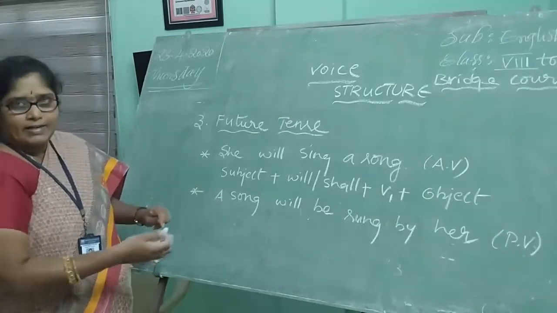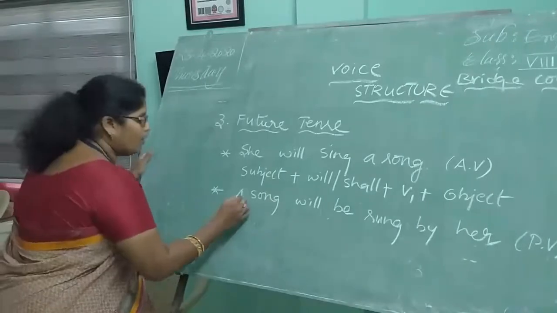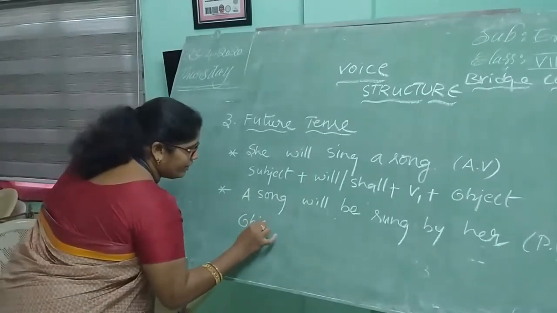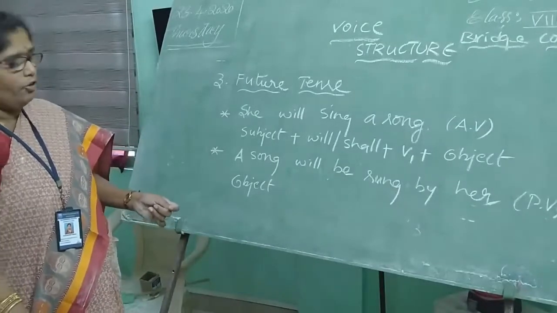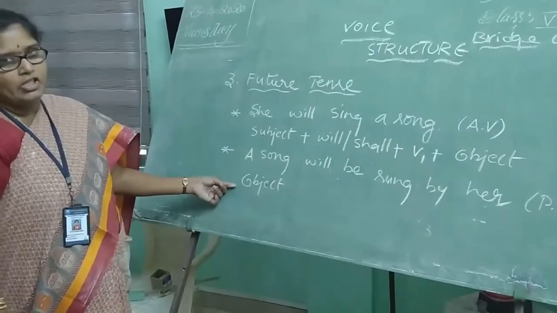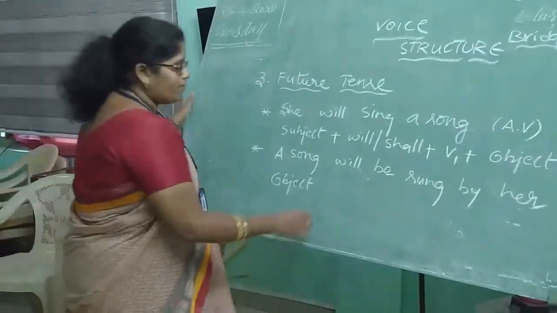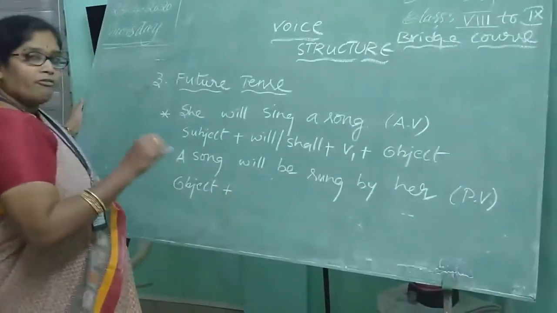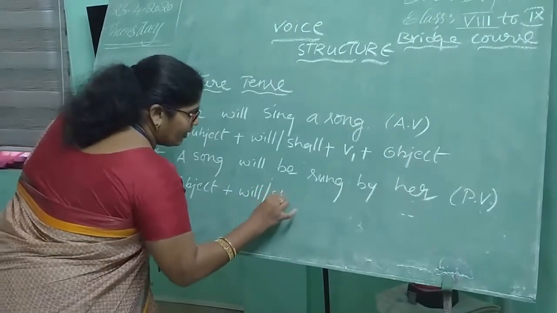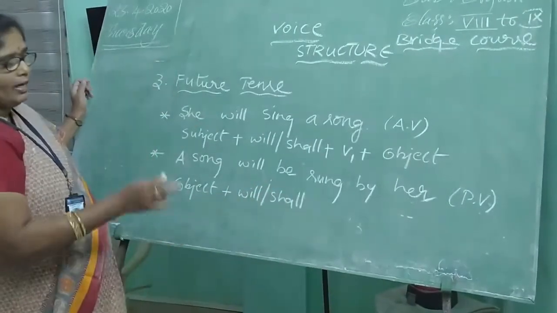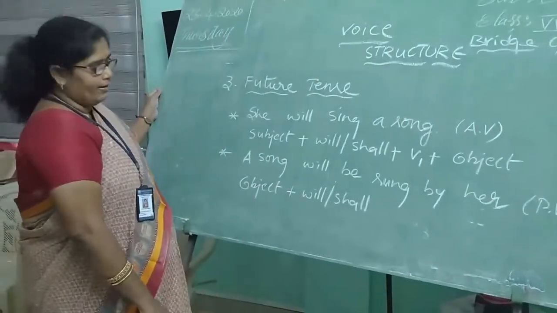Okay, so let us write the structure for this future tense passive voice, children. So a song, it is object. It can be called object or the new subject, children. You can write object in the structure, or you can also mention it as the new subject. Object plus will or shall. Either will or shall, any one only you have to use depending upon the subject of the sentence, children.